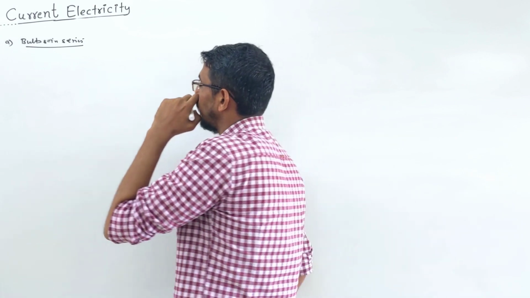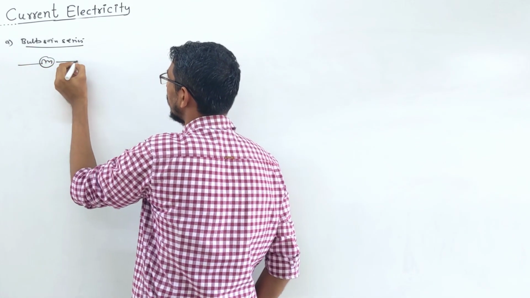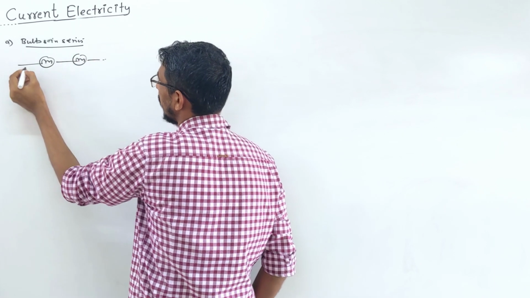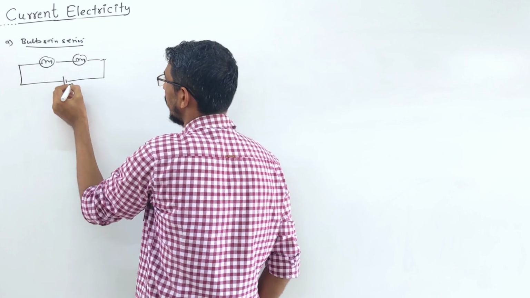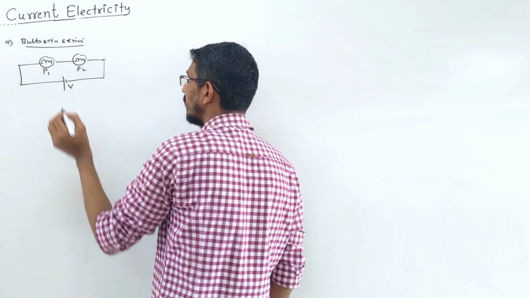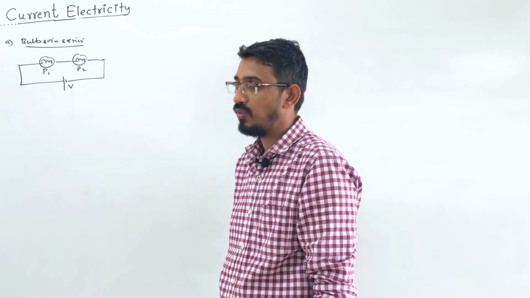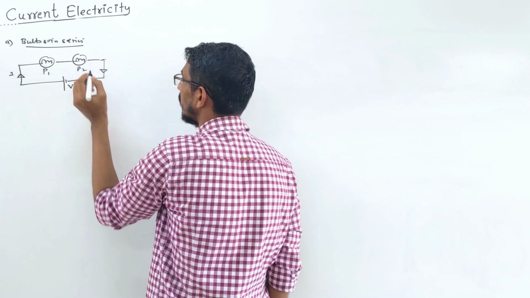So look here. When some bulbs are connected in series, how do they look? There is a bulb 1, there is a bulb 2, any number of bulbs connected in series to some source of potential V. This bulb has power P1, this has P2. They are consuming this power. You see that in series the current flowing is the same.